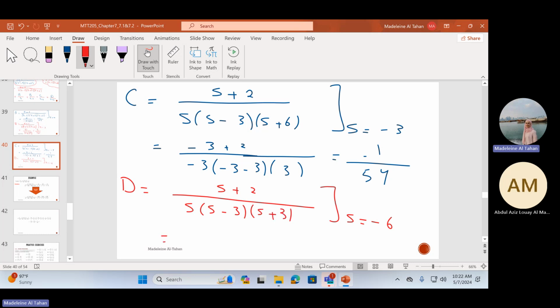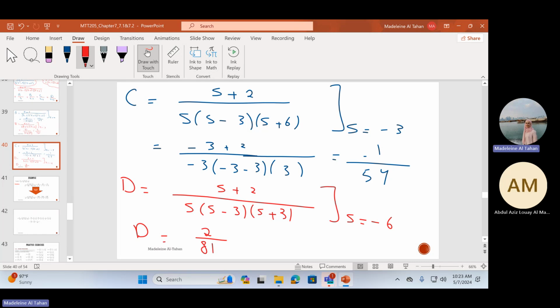The answer for this one is 2 over 81, yes. Okay, so we found A, B, C, D.